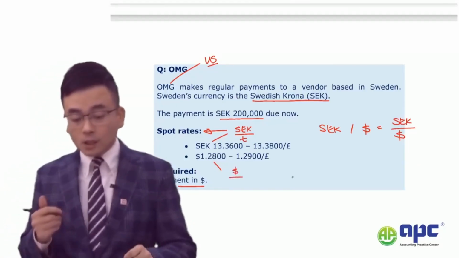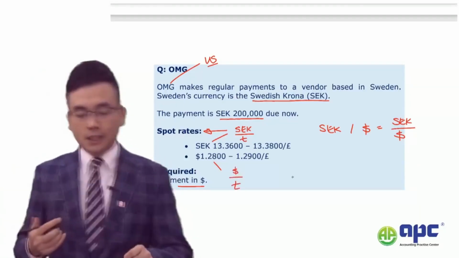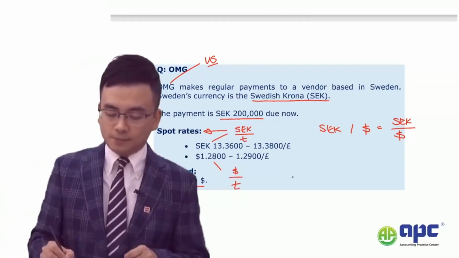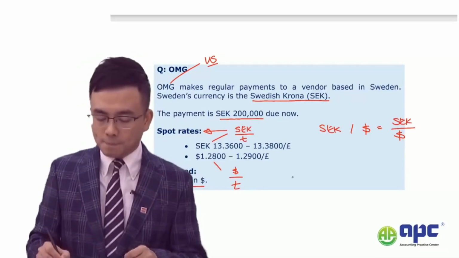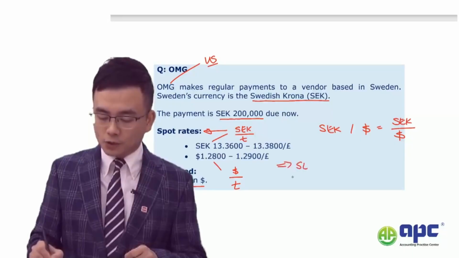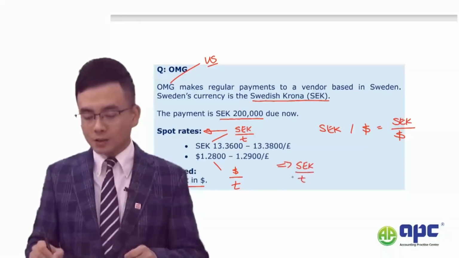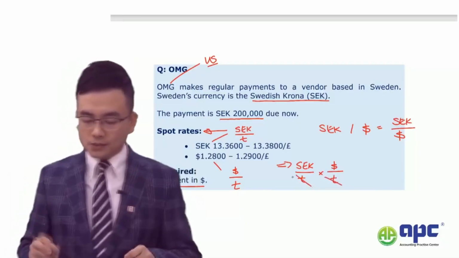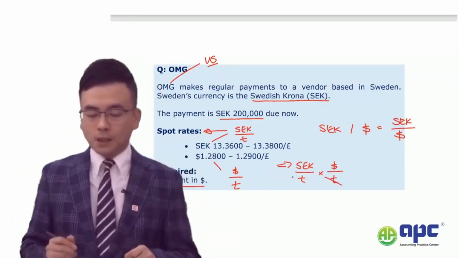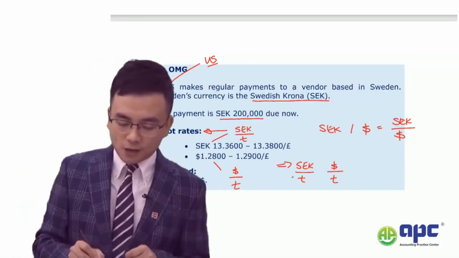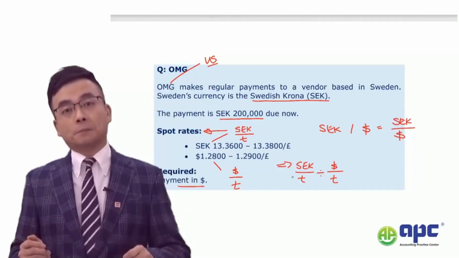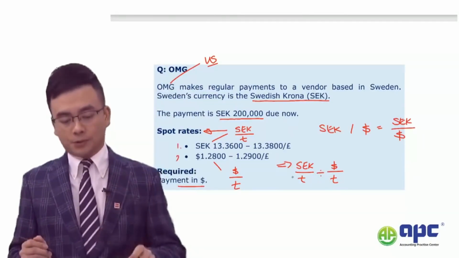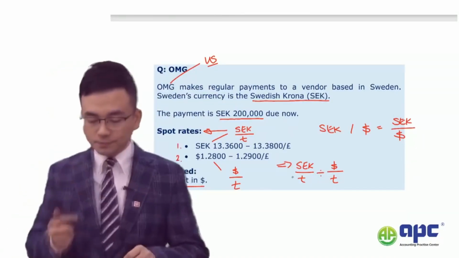All we can do is this: if I were to take, mathematically, the SEK over pound times the dollar over pound, we cannot cancel this. What we can do is to use divide. So it means that we use the first line over the second line. That's our starting point.